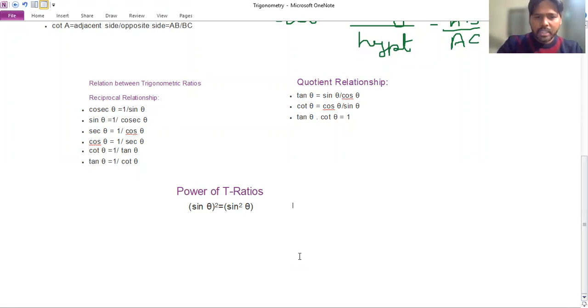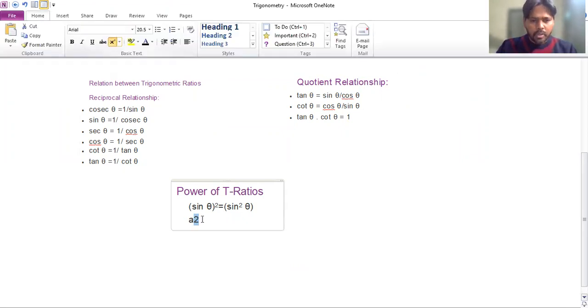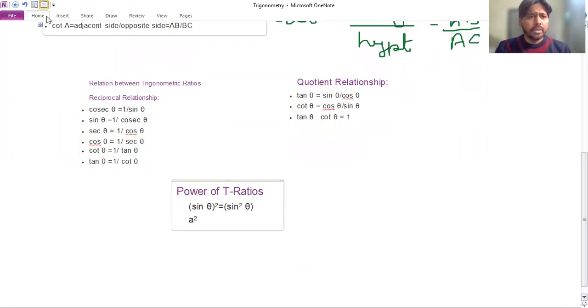Suppose we have an algebraic expression a raised to the power 2. For this a square term, in expanded form we can write a multiplied by a. That means it will be multiplied that many number of times.